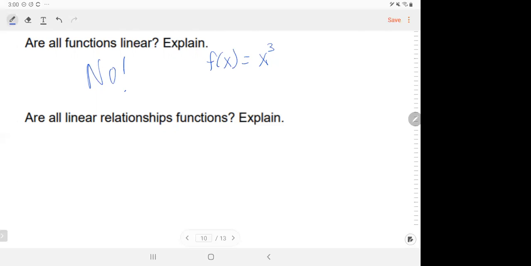Are all linear relationships functions? Well, no, because let's say I have a vending machine and it's a mystery vending machine. I could put in $1 and I could type in G4A1, whatever kind of value, and I have no idea what it could turn out.